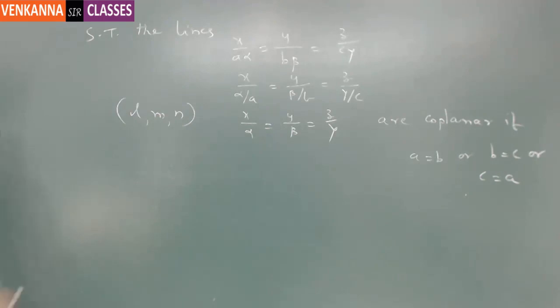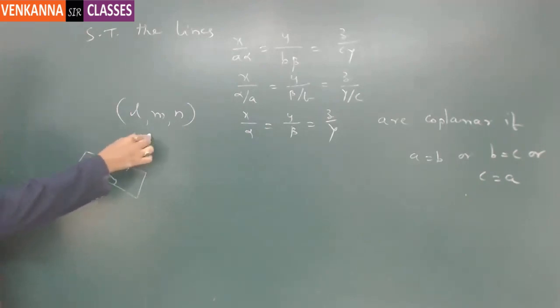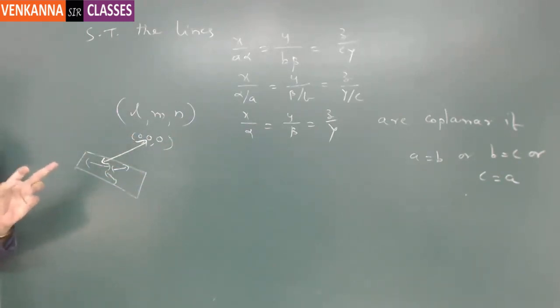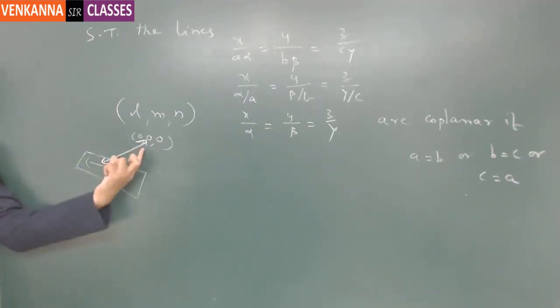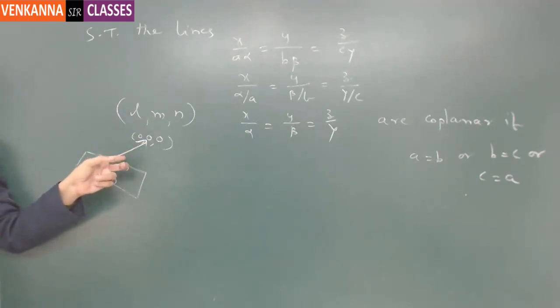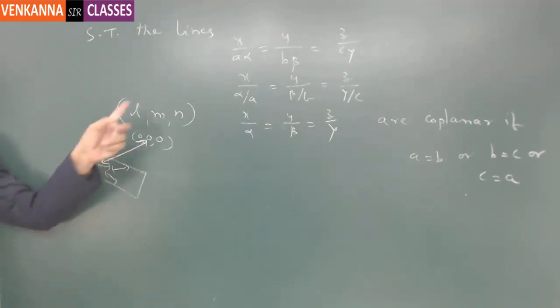So if you observe that the three lines are coplanar, all the three lines belong to this plane. So if you are drawing a line starting from 0, 0, 0 perpendicular to this plane, it acts as a normal to the plane. Hence, if you consider that LMN are nothing but DCs of this line, we apply the perpendicularity condition for them.